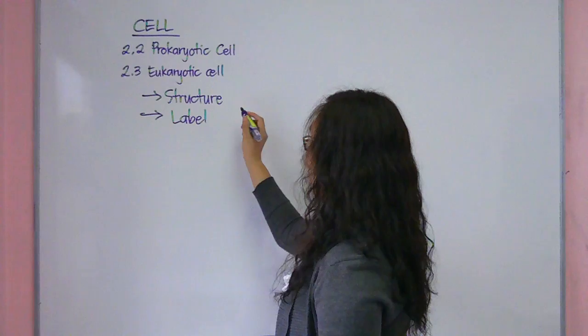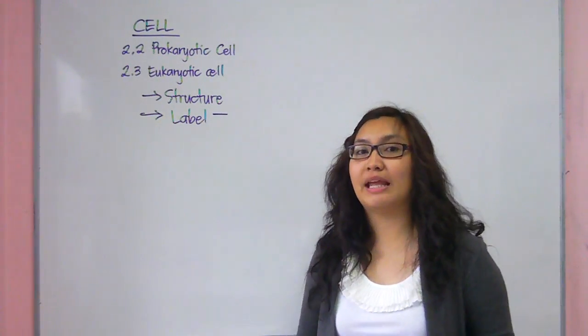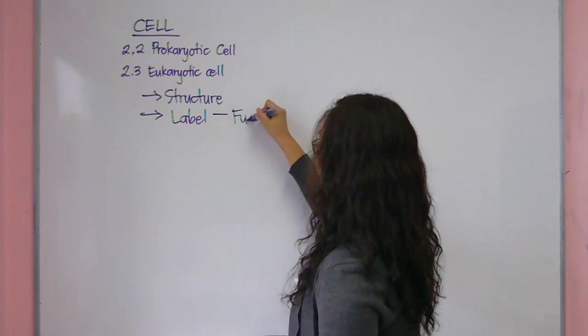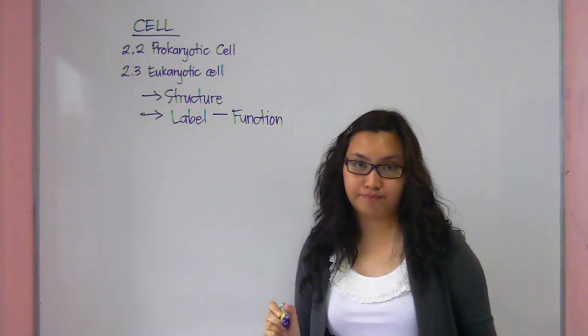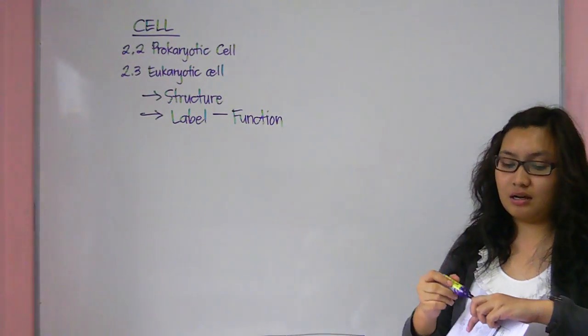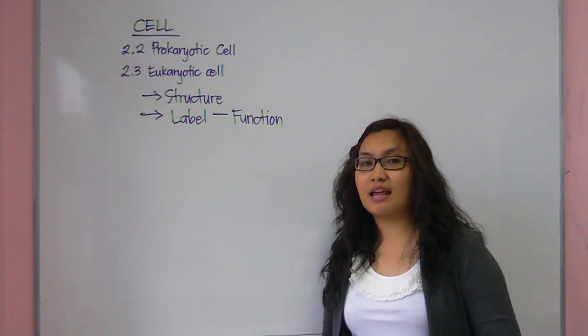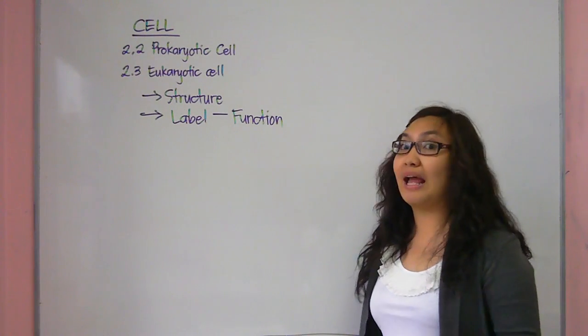Once the students have been able to label the structures, they should also know the function of each structure. For example, there would be a difference between the cell wall in prokaryotic cells and the cell wall in plant cells.